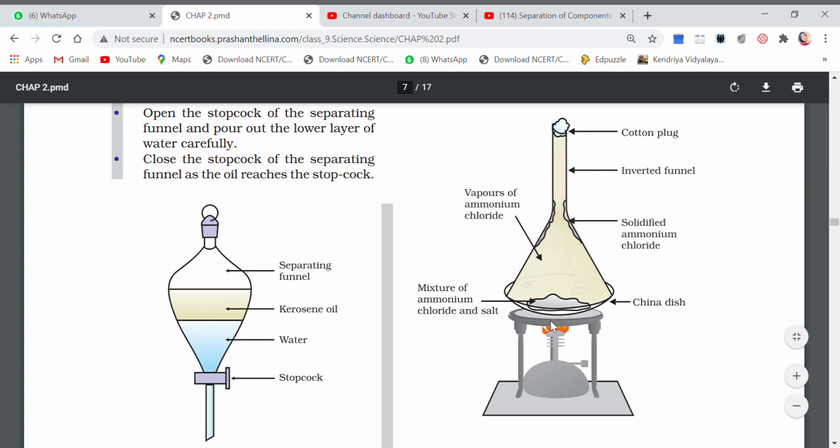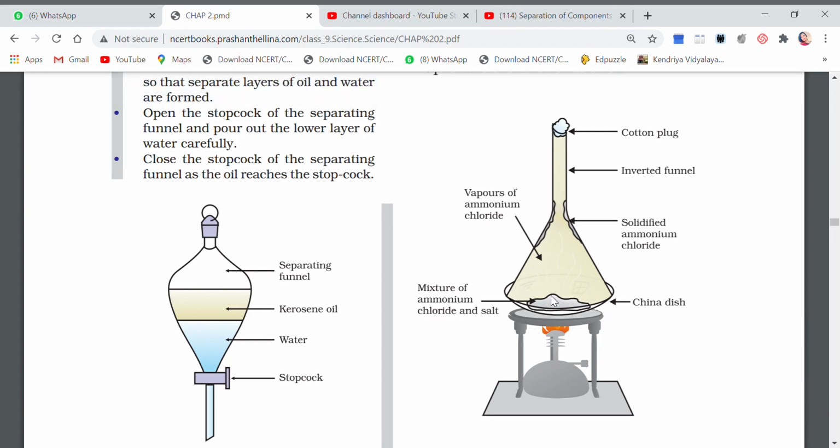Now start heating the mixture. As you will heat the mixture, and because you know ammonium chloride is a sublimate, what will it do? It will directly convert from solid to gas. So when you heat it, all the ammonium chloride in the mixture will get converted from solid to gas or vapors, and those vapors will move up, and they will cling to the walls of the inverted funnel.